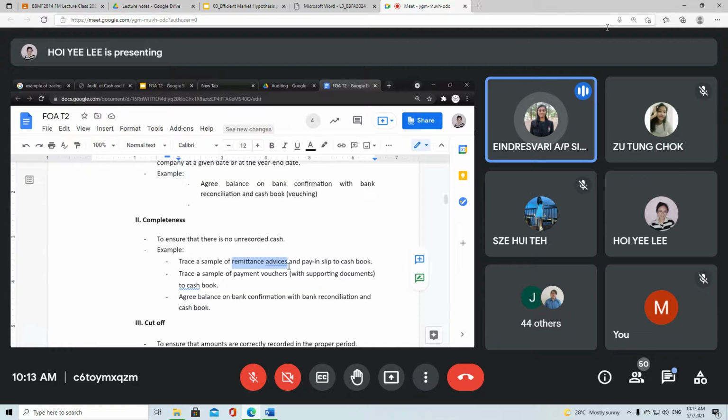I think the first example is going to be complicated because you haven't selected which account. Which item in the SOFP or SOPL are you referring to first of all? Which item? SOPL. So what is the item in the SOPL?